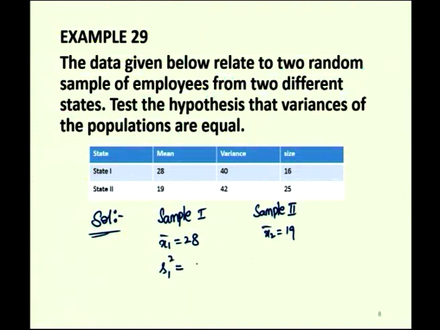S1 stands for sample standard deviation, whereas S1 square will be sample variance. So, S1 square is equal to 40 and S2 square is 42. Size N1 is equal to 16 and N2 is equal to 25. With this, we proceed to find out the F value after discussing the usual procedure of testing of significance.